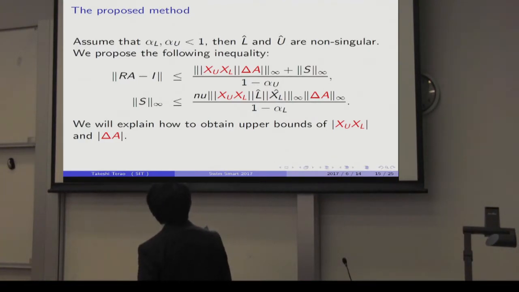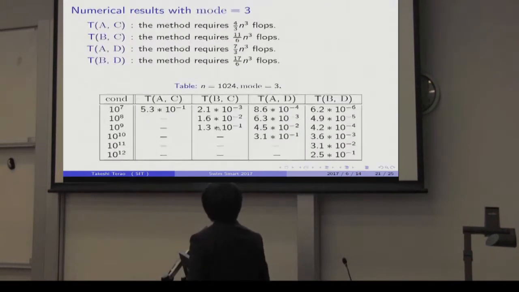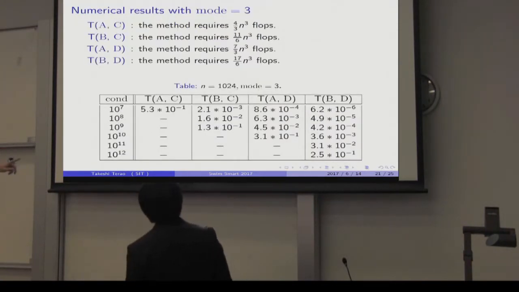Sometimes your method is better than the older one, sometimes it does not work. As your numerical results show, for mode 3, the method TBD is better. However, the computational cost of TBD is high.